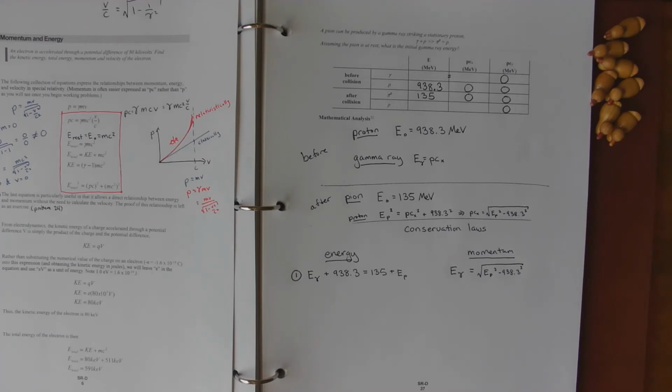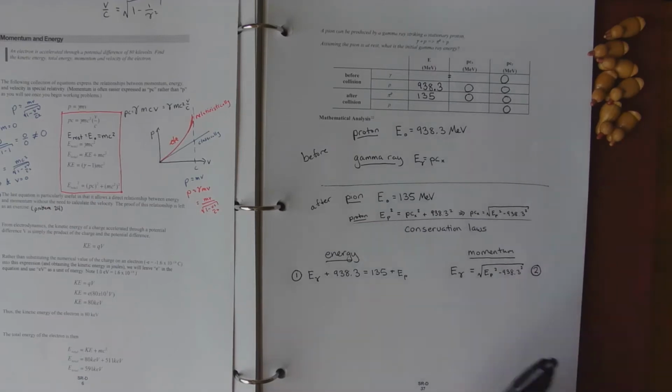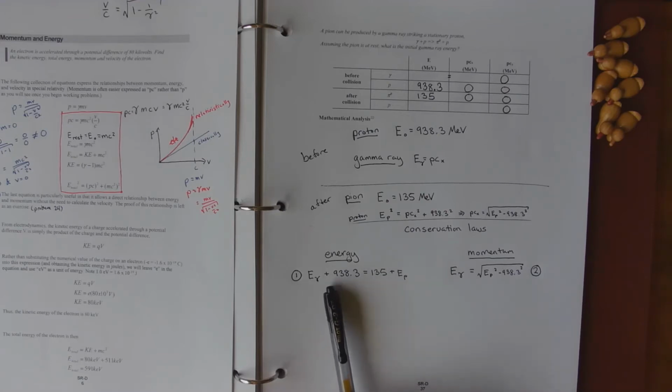Well then, this is equation 2. And if I bring the 938.3 over to the other side, then I'll have E gamma is equal to something, and for this equation I'll have E gamma is equal to something, and then I can simply set those equal to each other and then solve.